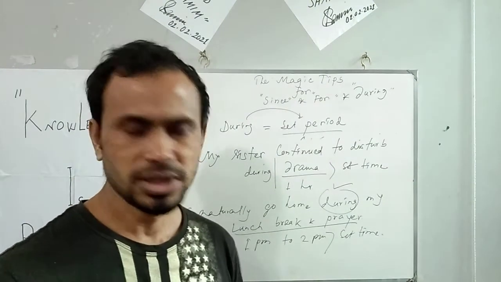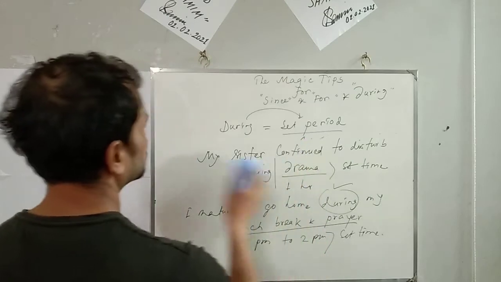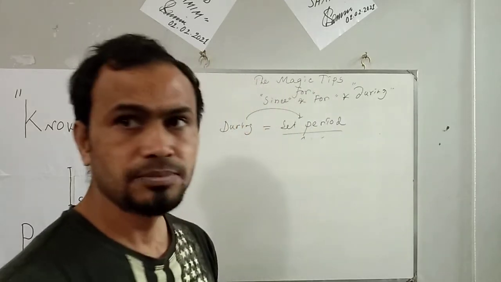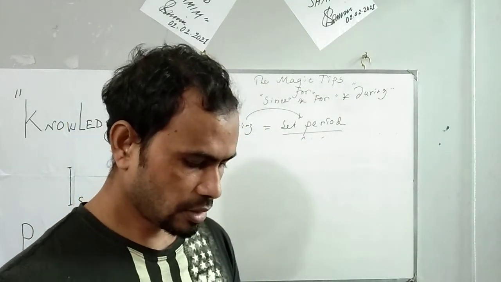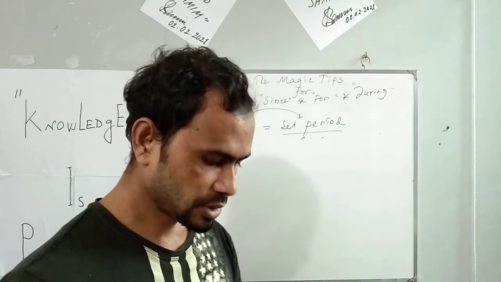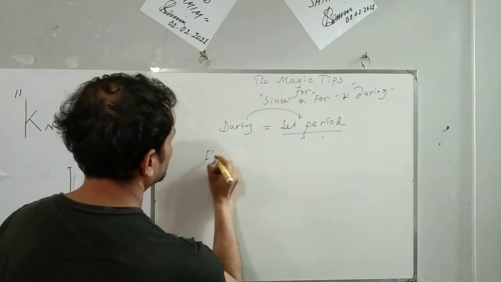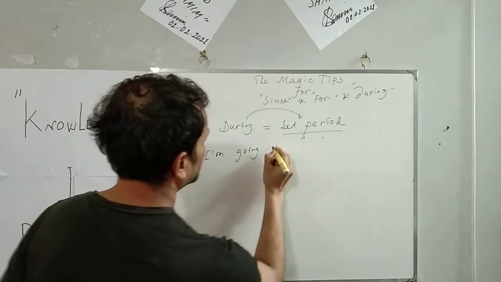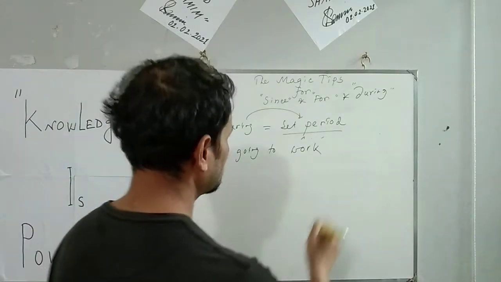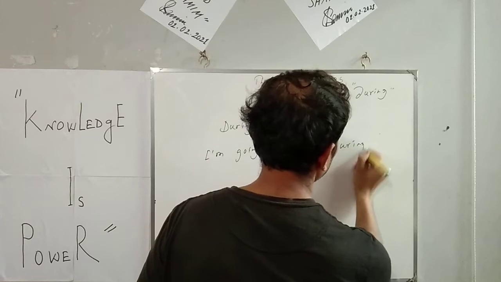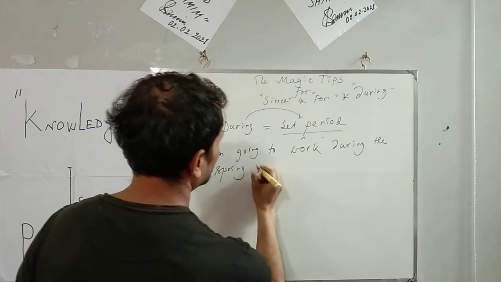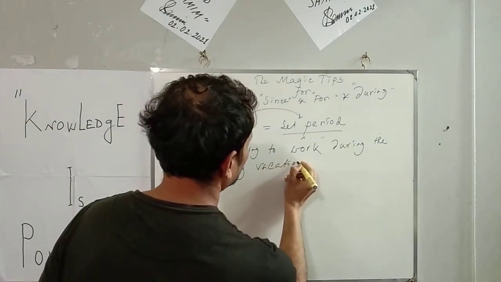I would like to write one sentence. I'm going to work during the spring vacation. Okay, I'm going to work during the spring vacation.